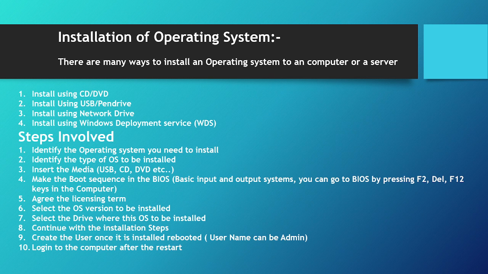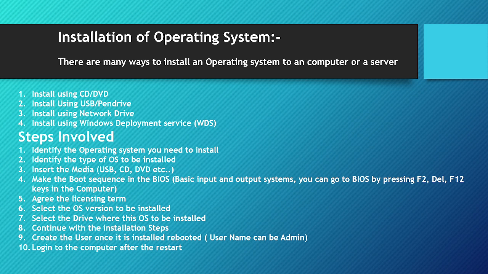Installation of the operating system can be done in multiple ways. One is you can use either CD or DVD, the first option. Another one is you can use the pen drive. You take the pen drive, burn the operating system, convert that USB drive into a bootable drive, and you can use that.